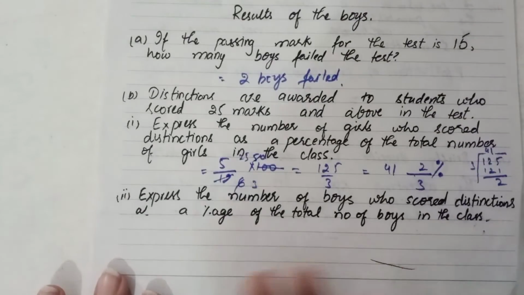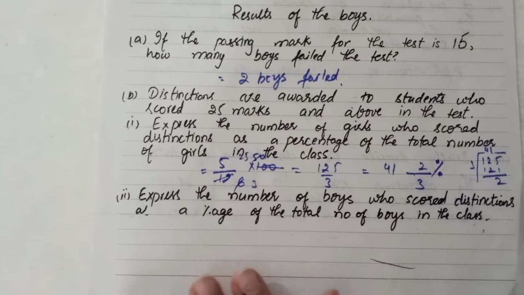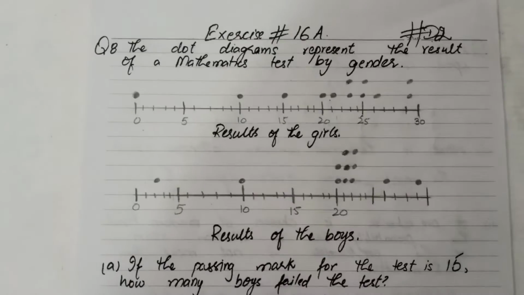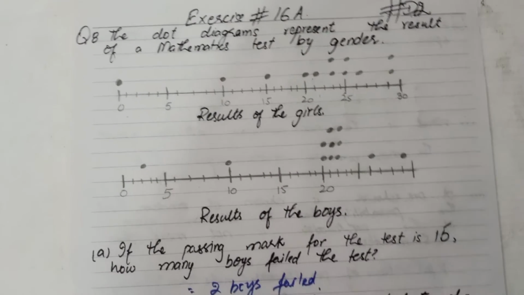Now students, in part 2, express the number of boys who scored distinction as a percentage of the total number of boys in the class. This is the result of the boys, and there are only 2 boys who scored distinction.